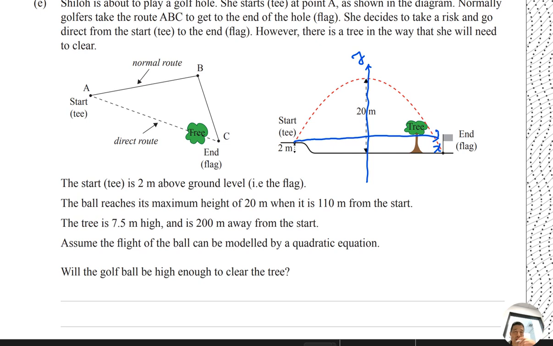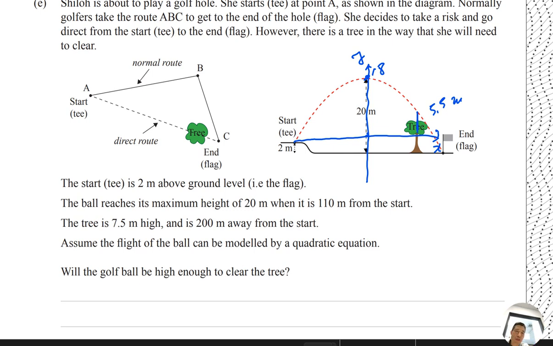So we have to simplify the question. The turning point is not 20 meters high anymore because we pushed 2 meters up, so that is actually 18. And the height of the tree is not 7.5, it is 5.5, because you have to take away 2 meters, right?